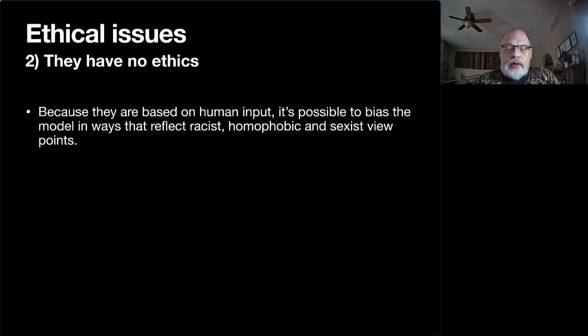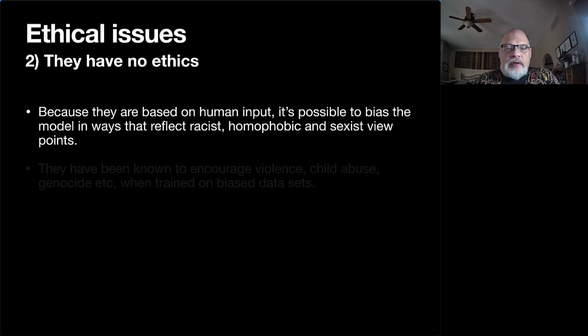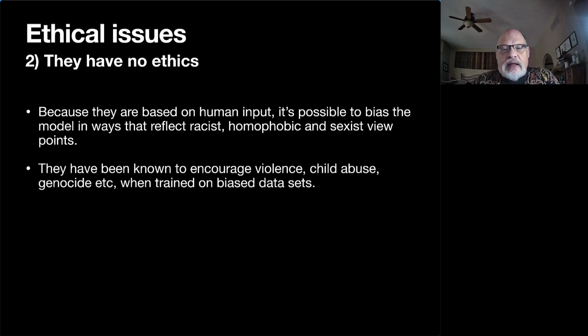There have been AI systems that have had to be shut down because they have been taken over by people who have fed them data that makes them even do things like encourage violence, child abuse, and genocide. Those LLMs have had to be taken down and taken away because they were trained in such a way that they had very biased and dangerous points of view.